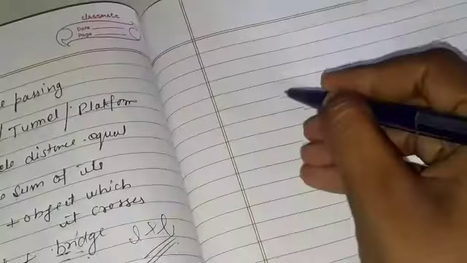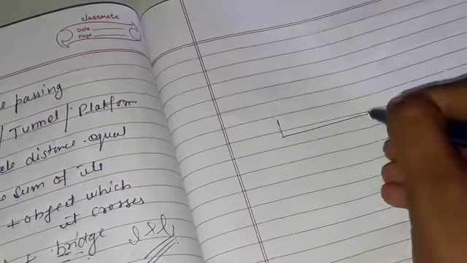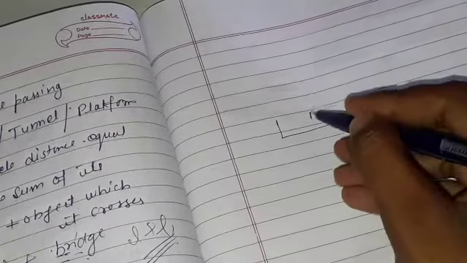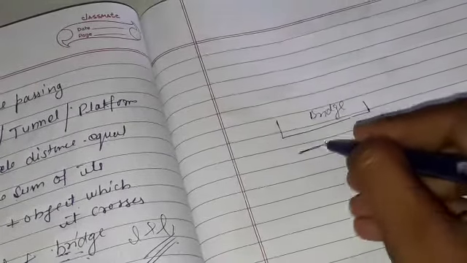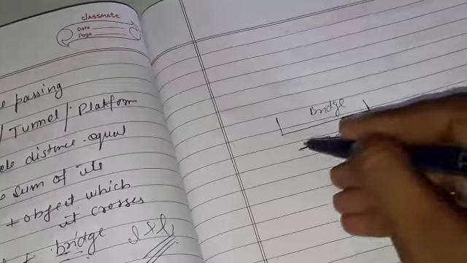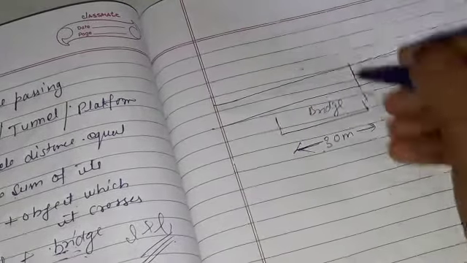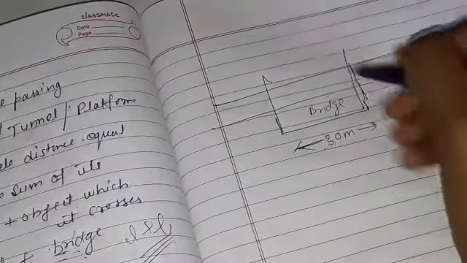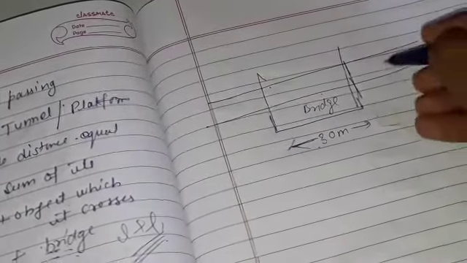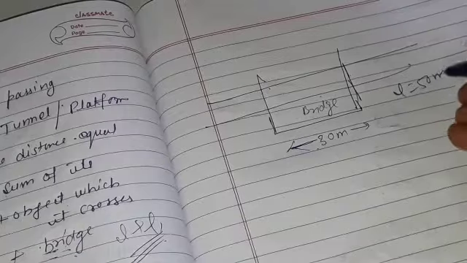Suppose I am talking about this bridge. This is the bridge, class, and the length of this bridge is 30 meter. When the train crosses this bridge, this is your starting point of the bridge, and the length of the train again is 50 meter.